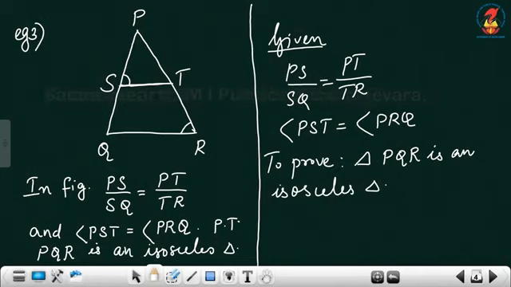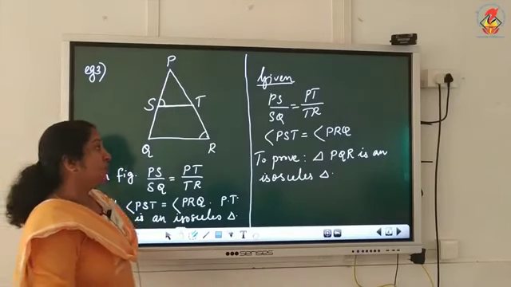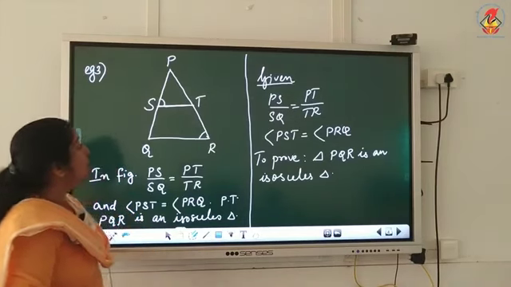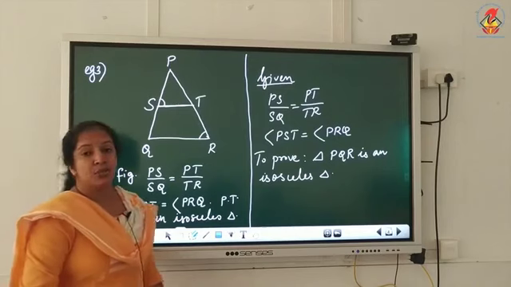To prove: triangle PQR is an isosceles triangle.